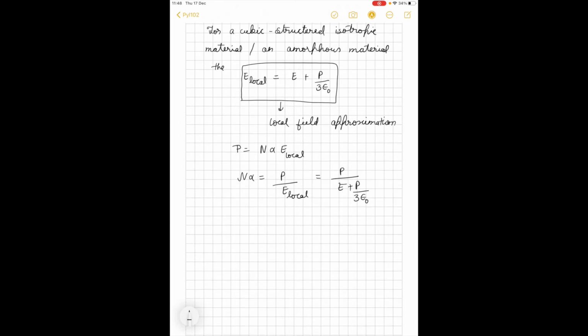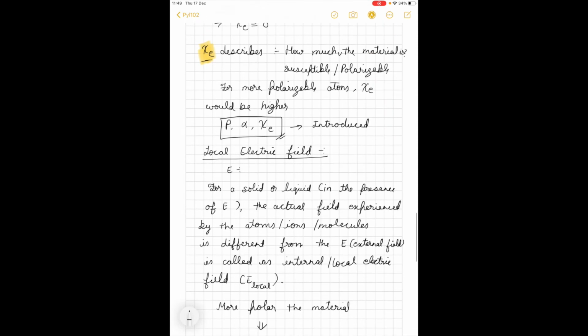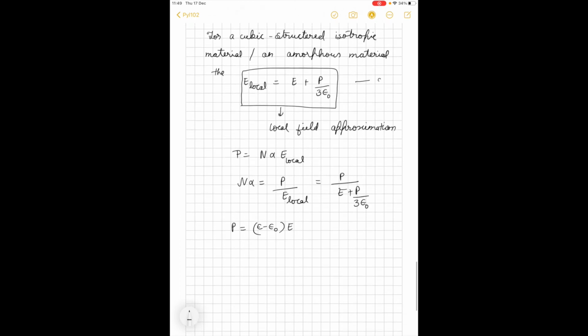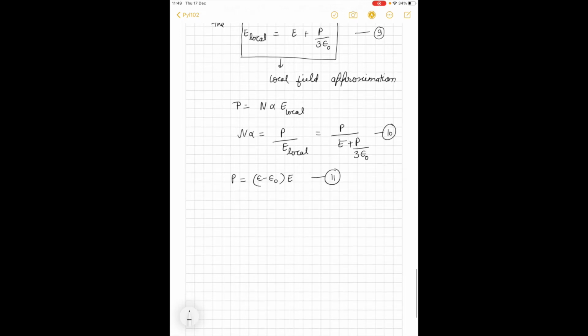But we also know the form of P in terms of the external electric field. It's P is equal to epsilon minus epsilon naught times the applied electric field. So let's say, have I given any equation till 8? I have gone. So let's say this is my equation number 9, this is 10, and this one is 11.